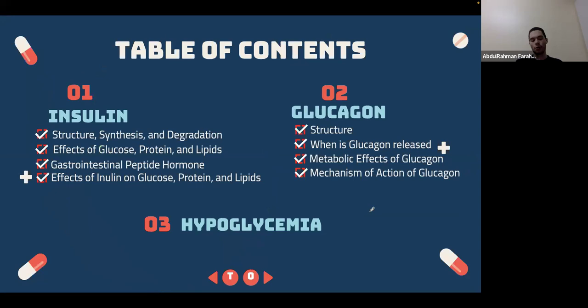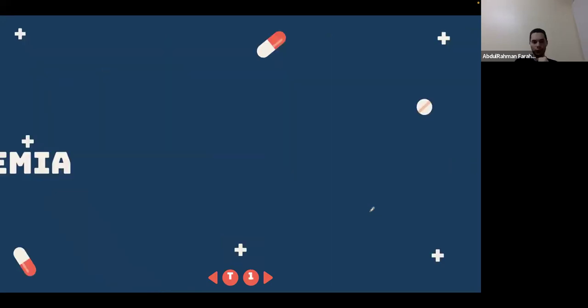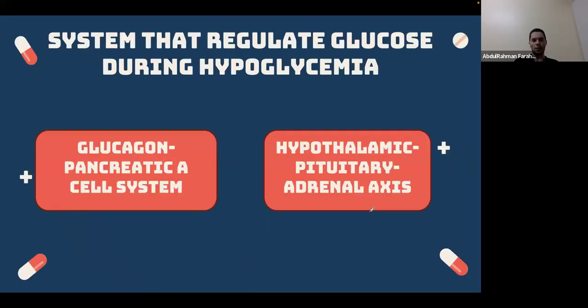Now, for hypoglycemia, our last objective. For hypoglycemia, as we know, there are two main systems that regulate glucose during hypoglycemia. The glucagon pathway that we already discussed. So when there's low blood sugar, you'd have glucagon released from the pancreatic alpha cells.